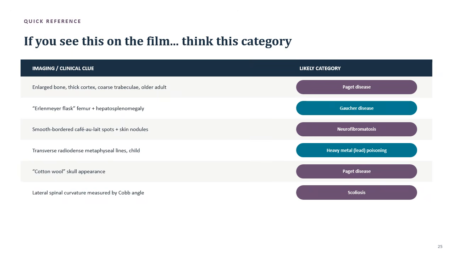And last but not least, we have spine curves. Specifically, if the spine is curving sideways, there are other curvatures that the spine can have, but here we're talking about a sideways curve. Typically, the radiologist will have to measure the angle of the curve. We're talking about the Cobb angle, and this signals that the patient might have scoliosis.